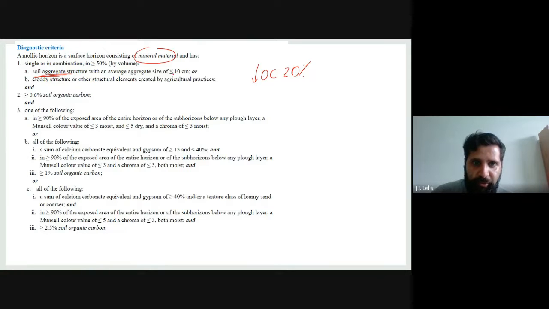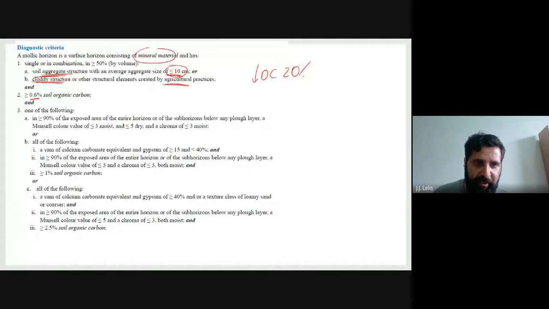This material should present a size equal or lower than 10 centimeters, or a cloddy structure created by agriculture, and should present at least 0.6% of soil organic carbon.